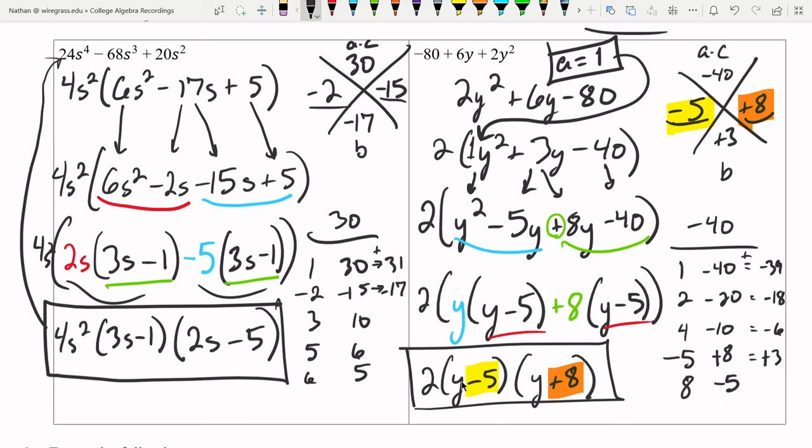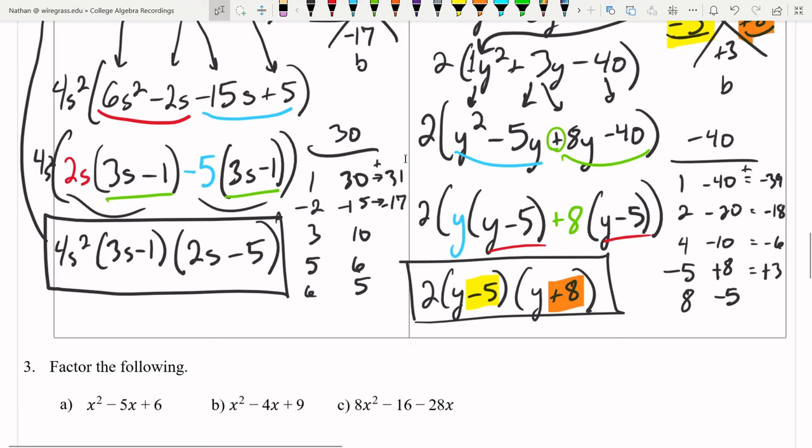It actually ends up being just put the variable and then minus 5 or whatever number it is there, and then the variable y plus 8 or whatever number is there. That's the nice thing about when you have a equal to 1. You can skip a lot of this work and go directly to the answer. It becomes much faster that way.